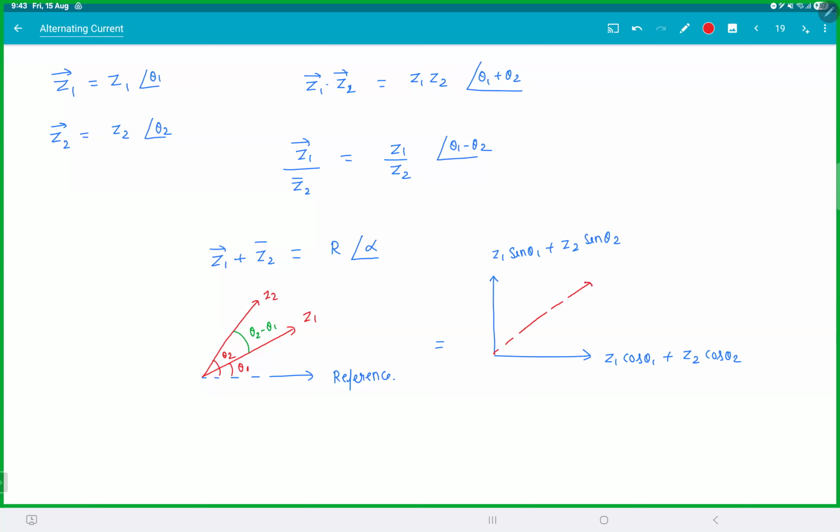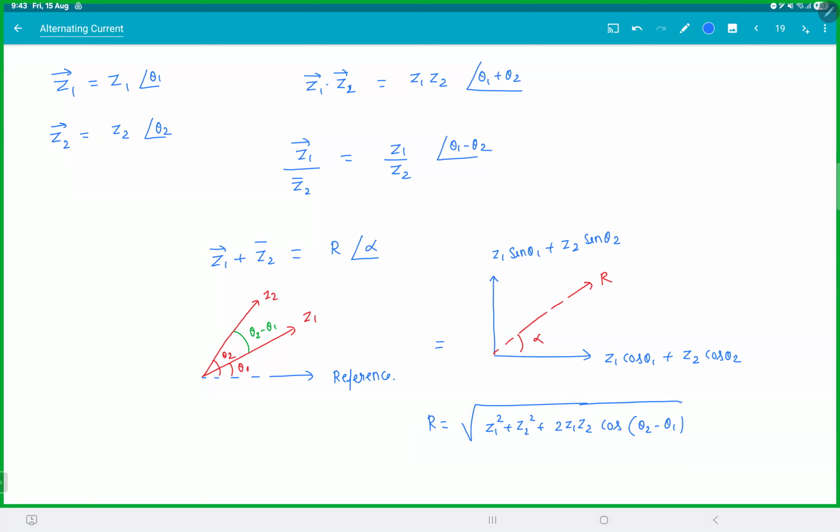Then you get the resultant R here, then you get alpha here, and you can solve. Or simply you can also get R from the parallelogram of vectors, which is the square root of Z1 square plus Z2 square plus 2 Z1 Z2 cos(theta 2 minus theta 1). Clear with this? So when you add them, this is what you do.